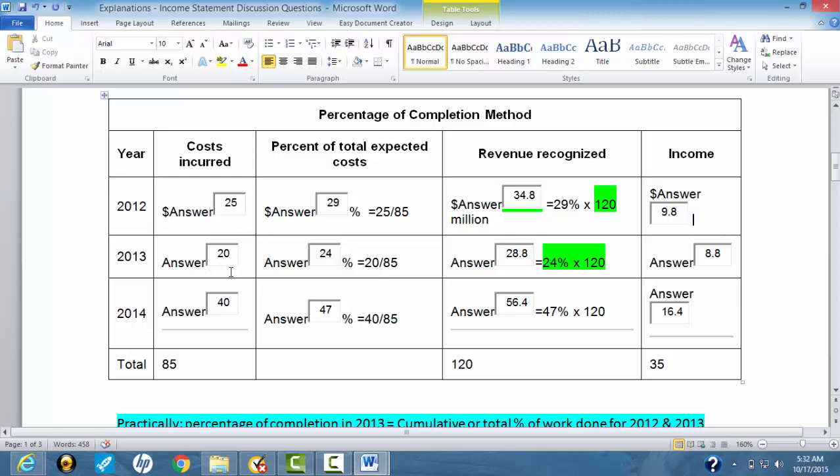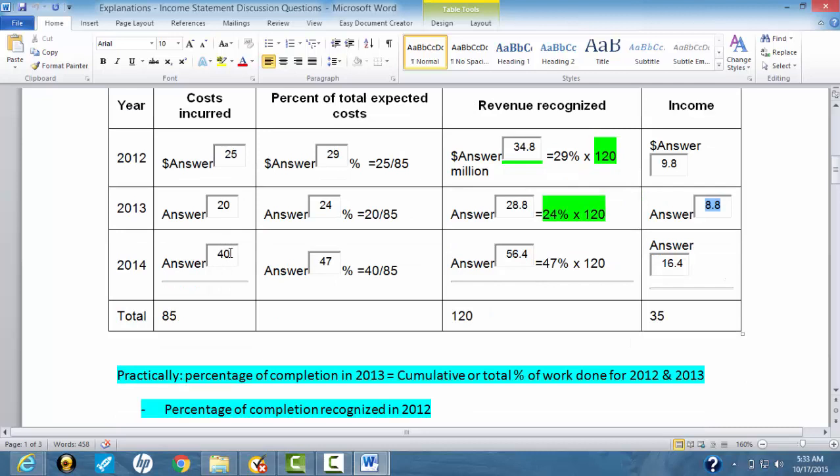Now, in 2013, the cost is 20 million. Percentage of completion will be 24% because 20 divided by 85 is 24%, and revenues recognized will be 28.8. And gross profit will be 28.8 minus 20, and that gives us 8.8.